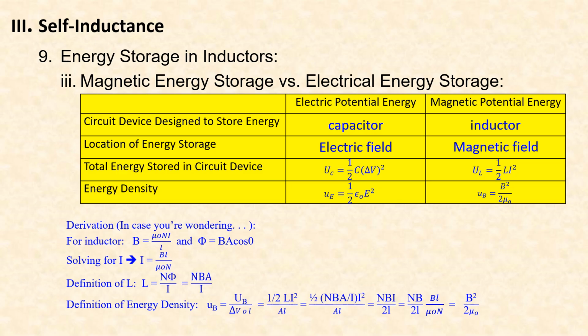And when we substitute in the above expression for self-inductance, as well as the above expression for current, and we simplify, you can follow the algebra through, we come up with this expression here, B squared over 2 mu naught.